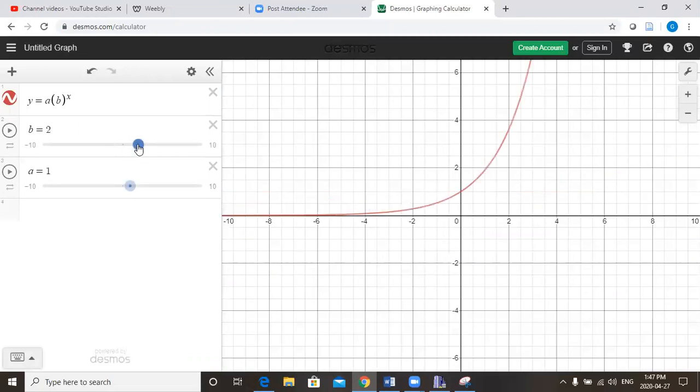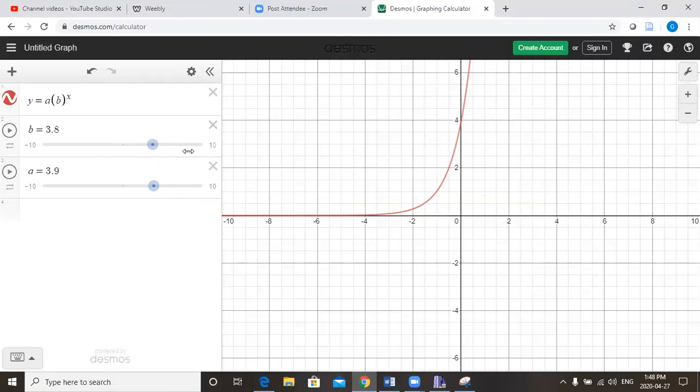And so if b is greater than 1, you'll notice that the graph is increasing. If it's between 0 and 1, then it's decreasing. That's the base. And if the a value is positive, it makes it more steep. And as the a value gets bigger, that y-intercept, as you can see, is getting bigger. So that is sort of the exponential function.